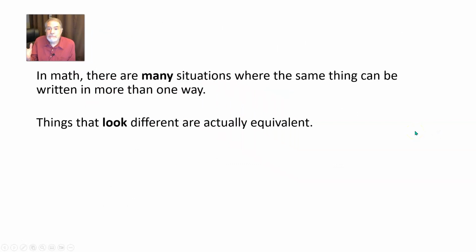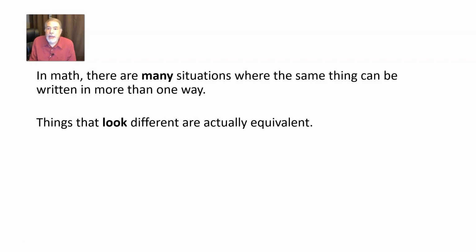So let me start by pointing out that in math, there are many situations where the same thing, the same number or the same expression can be written in more than one way. So you might have things that look different, but are actually equivalent.